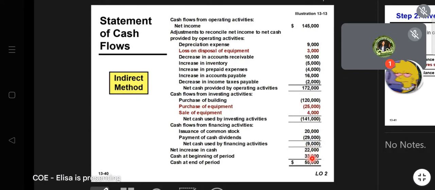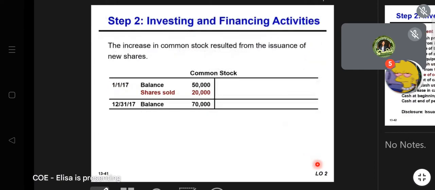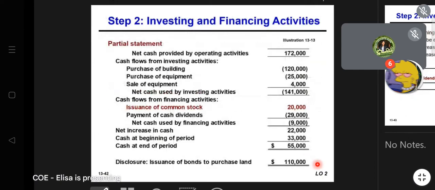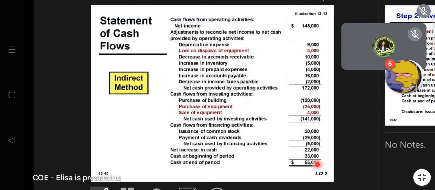And then we add it to the cash at the beginning of the period. So that brings us to the cash at the end of the period, which is 50. So that's basically the analysis.